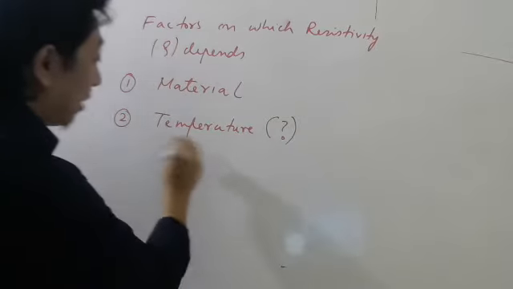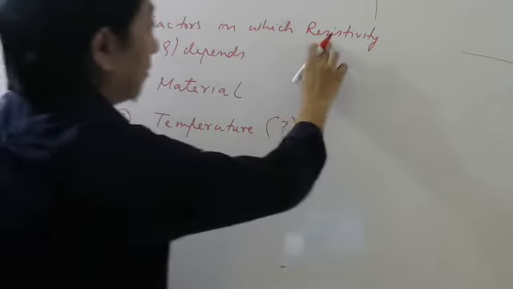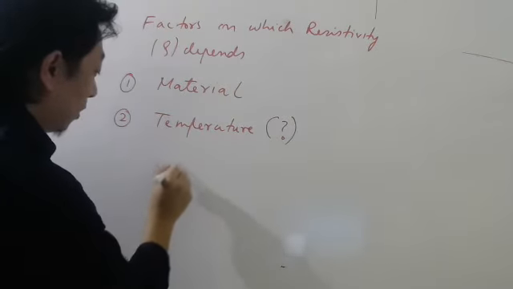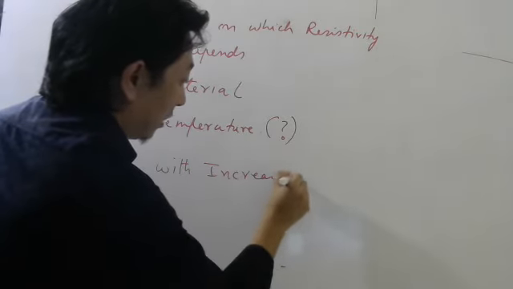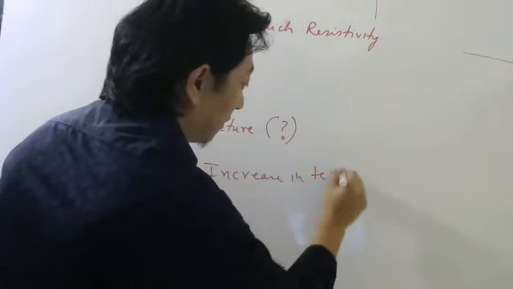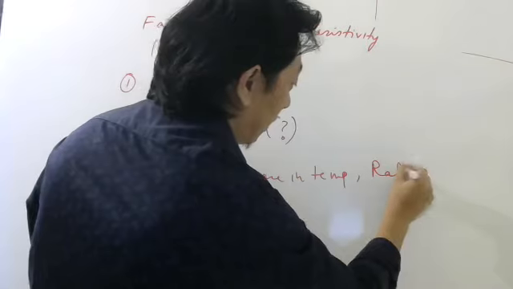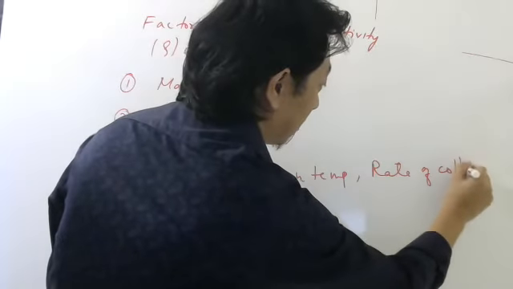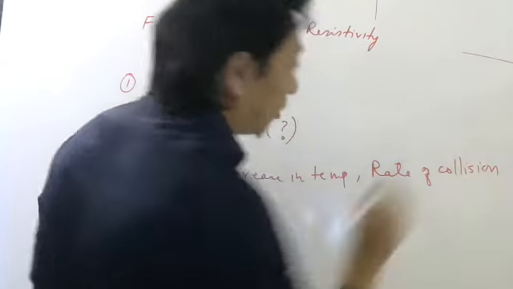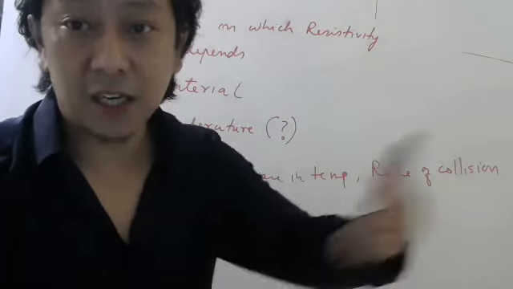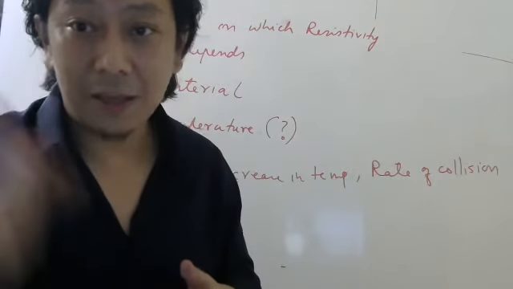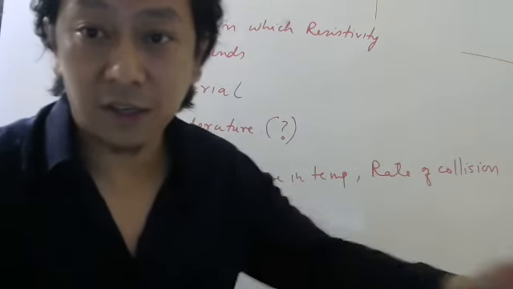So the reason why resistivity changes with temperature is because, please write down, with increase in temperature, the rate of collision. Rate of collision means what again? Before, if it was colliding tuck, tuck, tuck like that, with increase in temperature, it will become tuck, tuck, tuck, tuck, tuck, tuck like that.